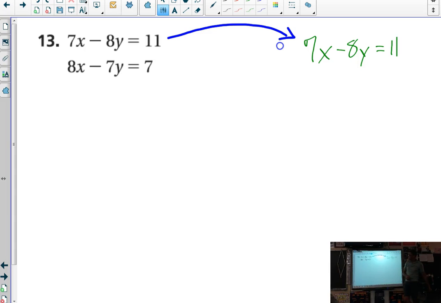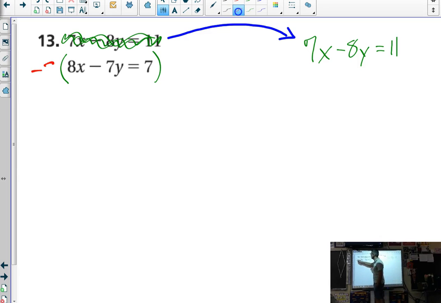So do you want to cancel the x's or the y's? The y's, sure. So if we leave this equation here and then work the top equation over here, what do you want to multiply them by? Your bottom equation here, what do you want to multiply by? Negative 8. And the negative positive, that's totally up to you. And then over here, what are you going to multiply by? Just regular 7? Why'd you choose 7 and 8?